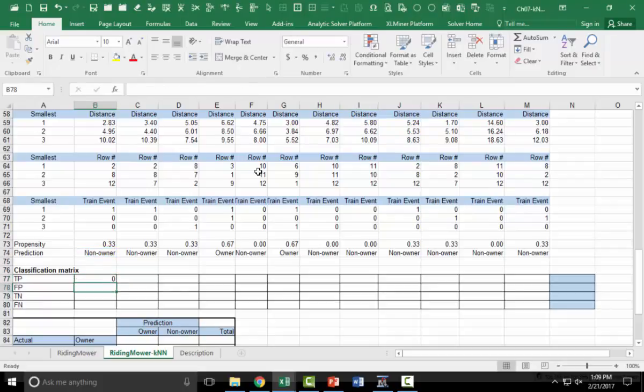The false positive would be if you predict positive, but the actual is non-positive.